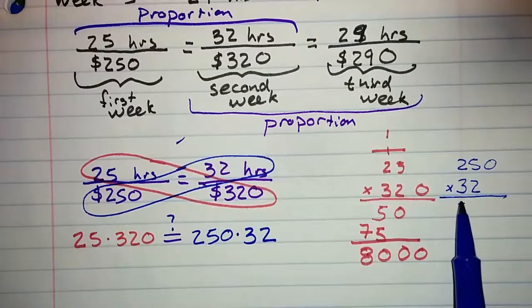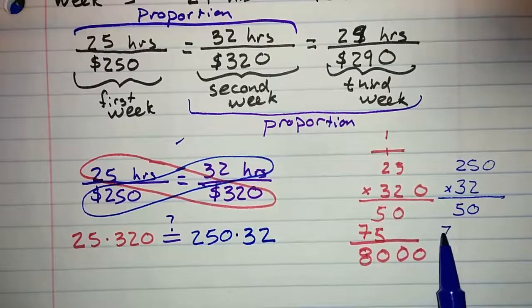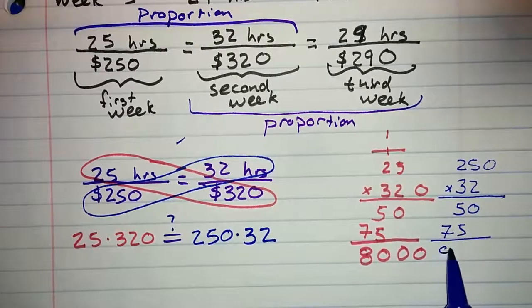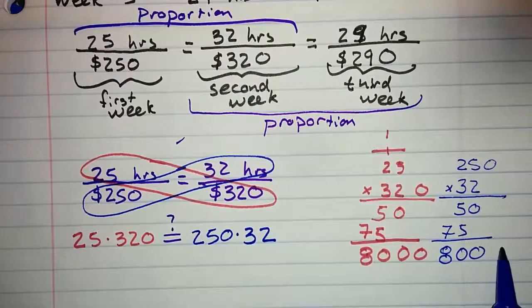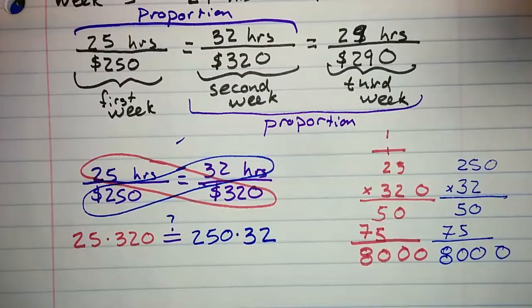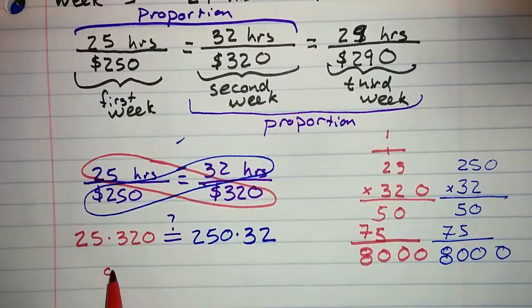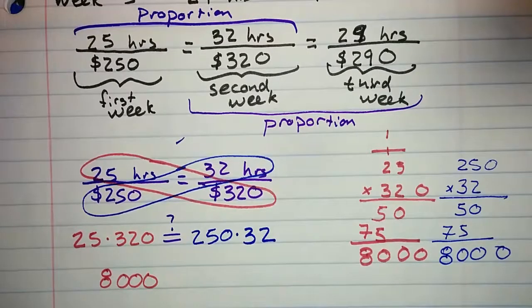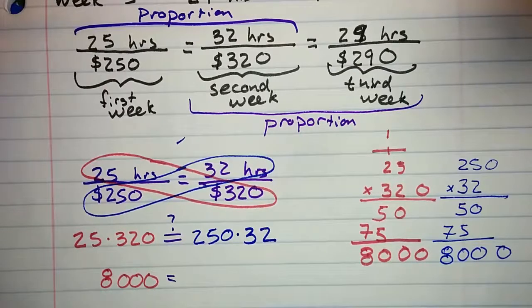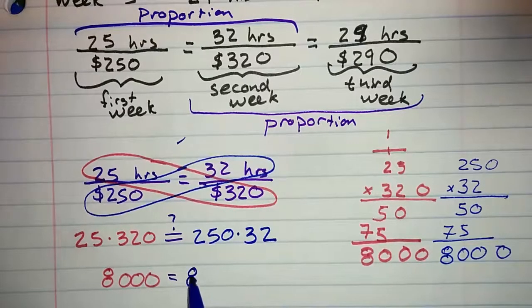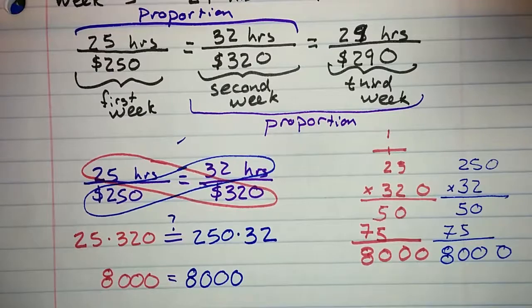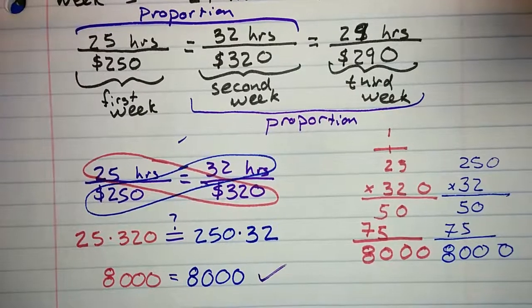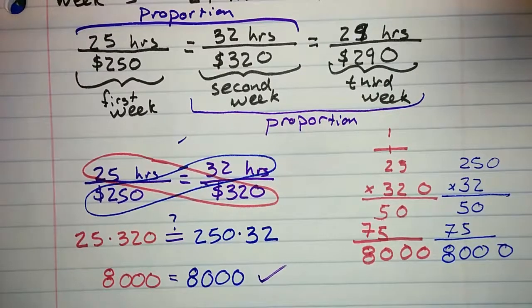Over here I'll do the same multiplication. And so I get 8,000 equals 8,000, which I think you'll agree is true on most days.